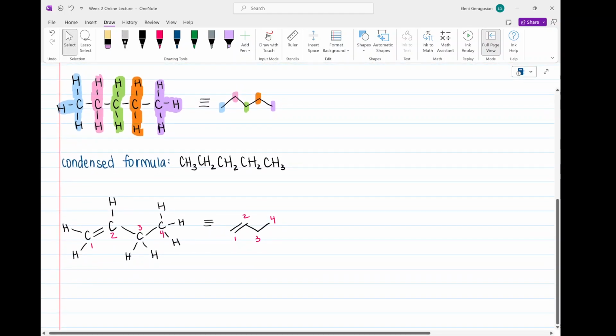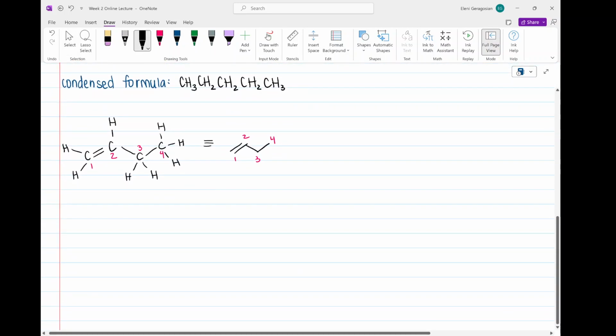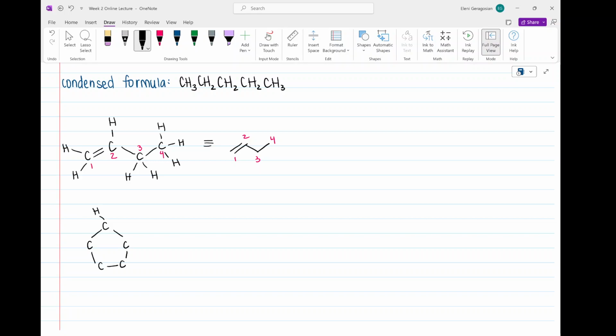Let's do another example. If we have a ring, let's say we have a 5-membered carbon ring. Each carbon has 2 hydrogens bonded to it.